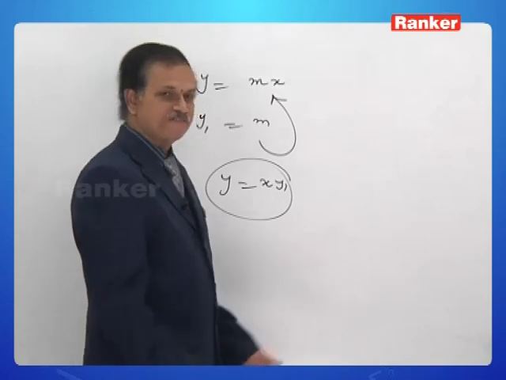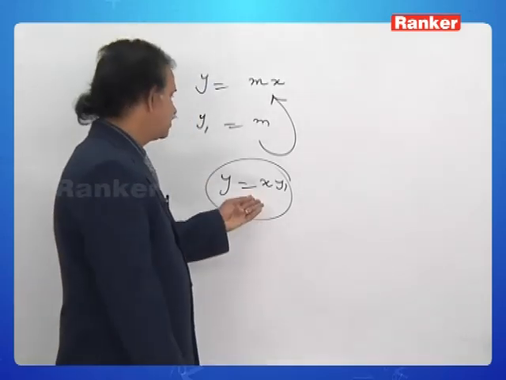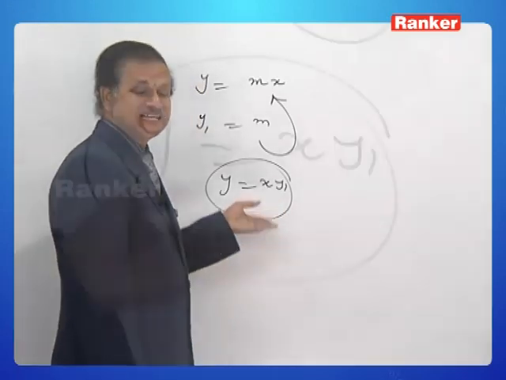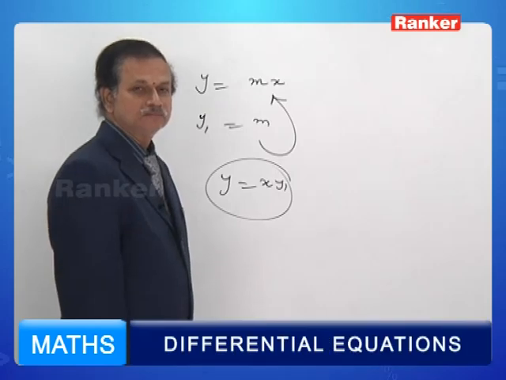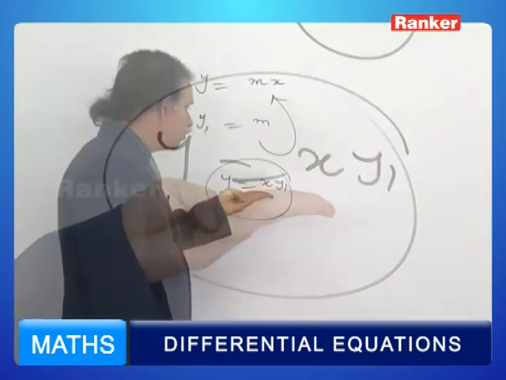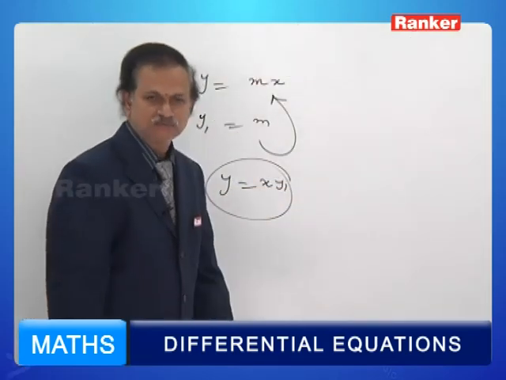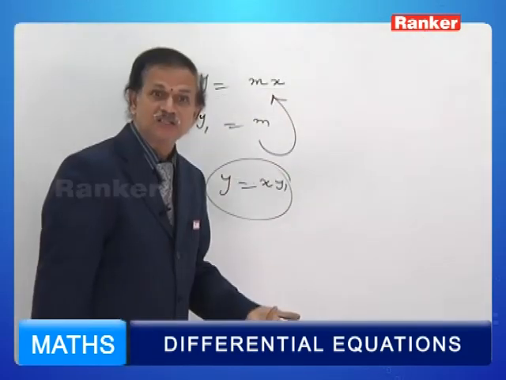This equation is free from arbitrary constants. This is a differential equation. This has been obtained from this one. That is why we say that this is the differential equation whose solution is this.